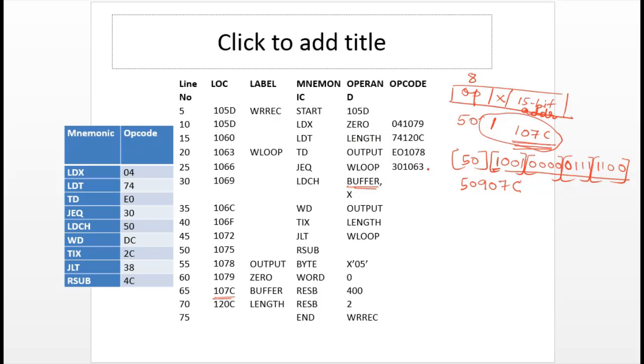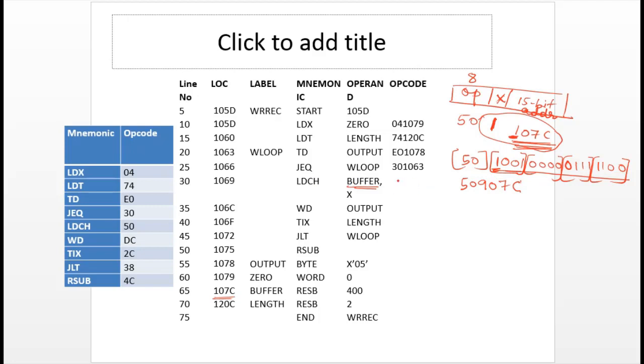Understood? Whenever there is an indexed addressing mode, which is denoted as comma X in our instruction in SIC, the X bit will be enabled. It will be 1 and the remaining 15-bit address we will have. So we have to combine this 1 with this 3-bit binary number here. When we do that, we are getting 9 in this example.